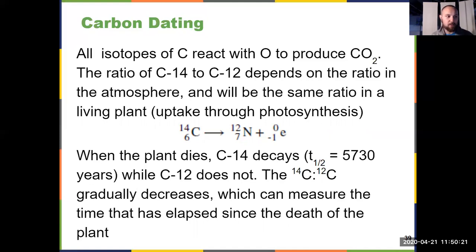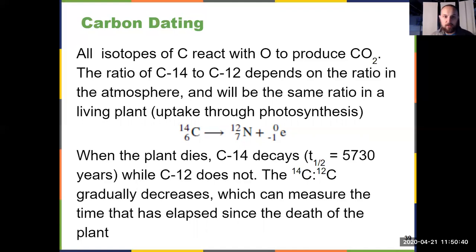Right? But then after the plant dies, so it stops taking up CO2, or an organism dies, it stops taking up plants, then the carbon-14 starts to decay. And luckily, it's got a long half-life, right? 5,730 years. But carbon-12 doesn't decay.